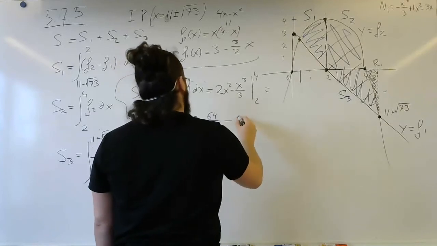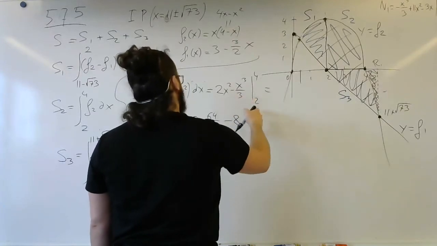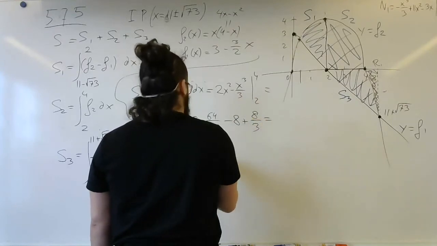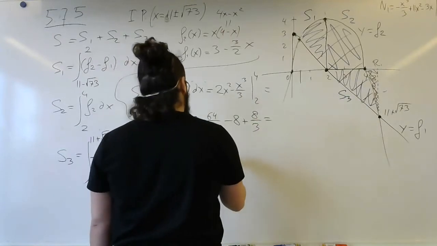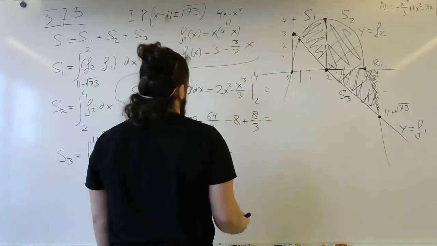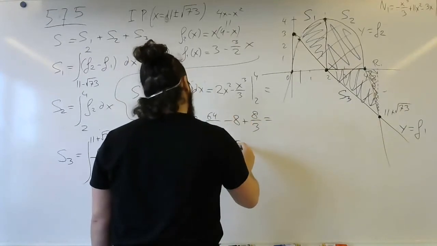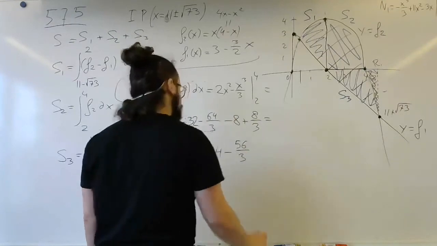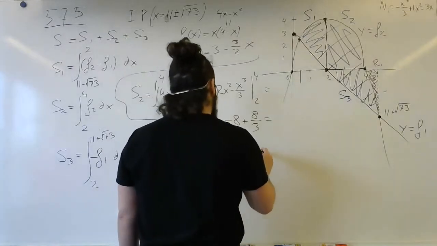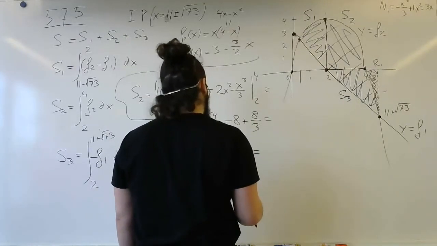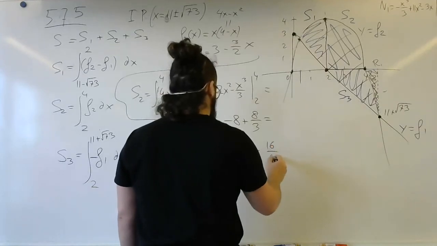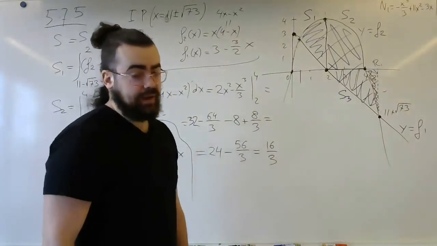Now we evaluate in 2, we get 8 here, and here we get 8 thirds. 32 minus 8 is 24. We have minus 64 minus 8, 56. So this is 72 minus 56, which is 16 over 3.